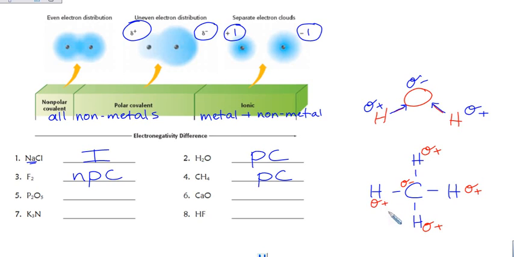Partially positive. In all of the bonds, the electrons are drawn toward carbon because of its higher electronegativity. Polar covalent bonds. There are 4 of them. And so again, if you look at 5, phosphorus and oxygen, what kind of bond exists between phosphorus and oxygen? I don't care so much that it's P2O5.